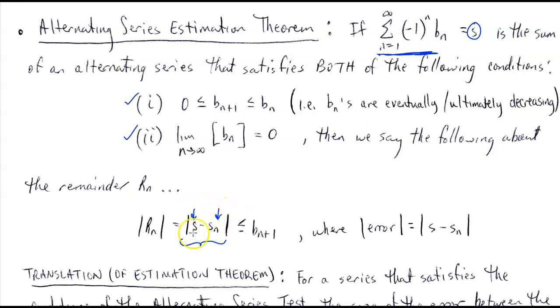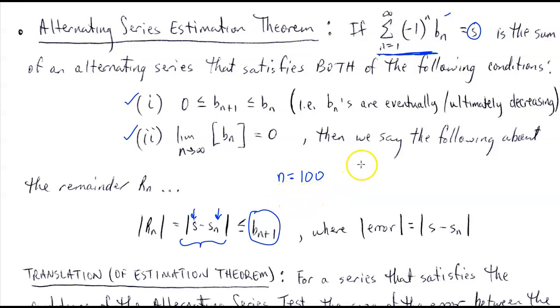And we know that whatever this value is, it has to be no more than the value of the b sub n plus 1 term. Okay, so to make that real simple, let's say we wanted to find the sum of this particular series for the first 100 terms.